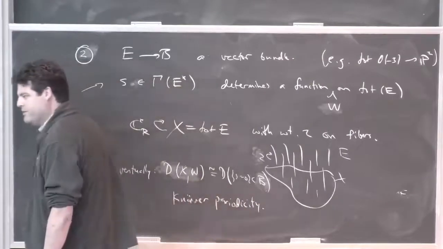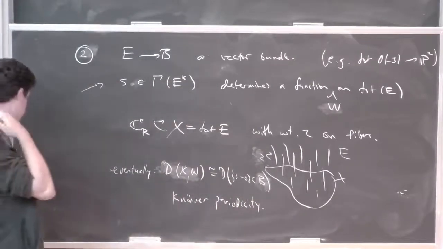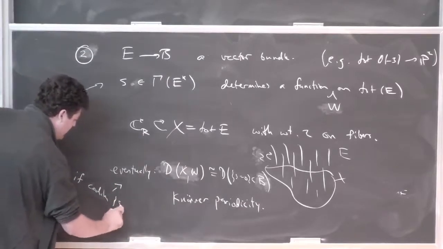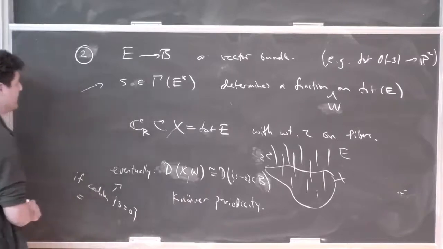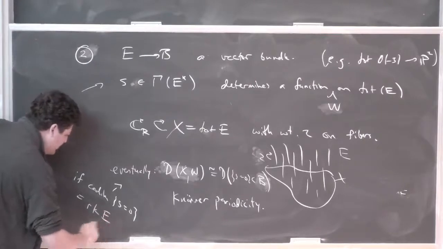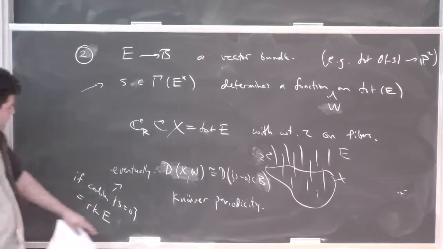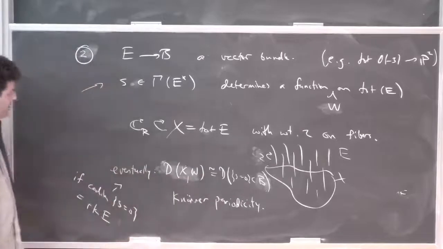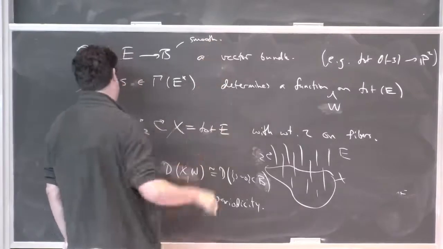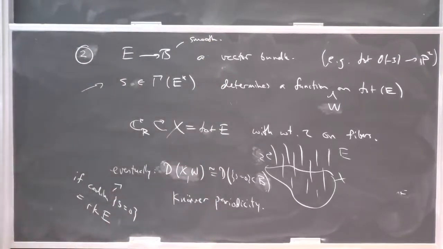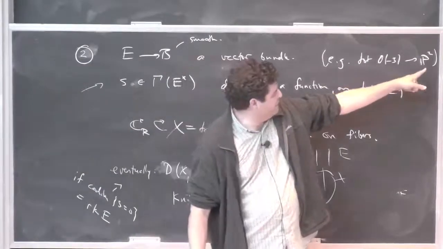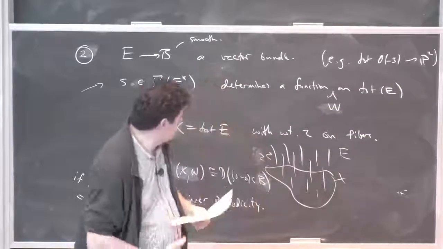Well, we'll probably only prove it if S is regular, assuming the codimension of the zero locus of S is the same as the rank of E. So regular in that sense. I don't mind if the zero locus is smooth or singular, but I do want it to be the right dimension. And B should probably be smooth. So in this example, we'll cook up some category of matrix factorizations on this total space that's equivalent to the derived category of the cubic curve.